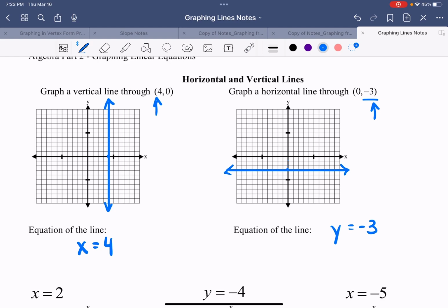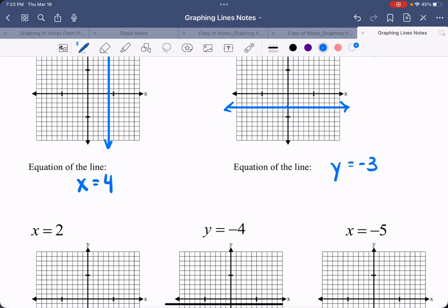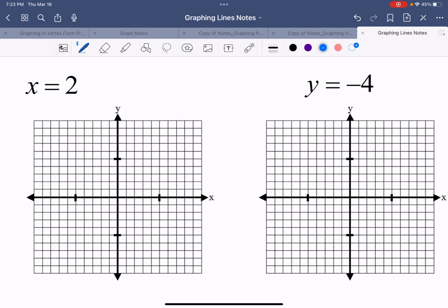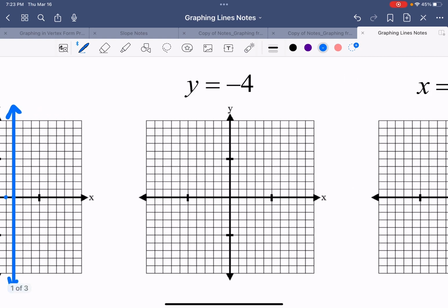That's it. So when we're looking at the examples down below, right here, if it says x equals 2, I'm just going to go in my x direction 2 and draw a line like this. Ta-da!